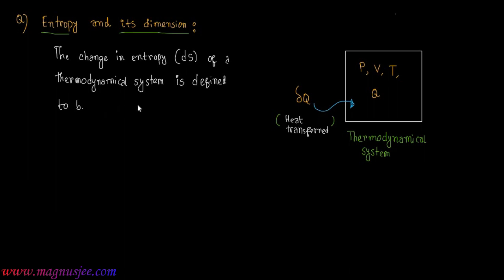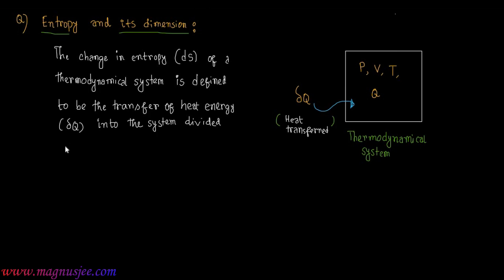The transfer of heat energy is denoted by delta Q because heat energy does not depend upon the nature of the path, and delta Q is an imperfect differential.